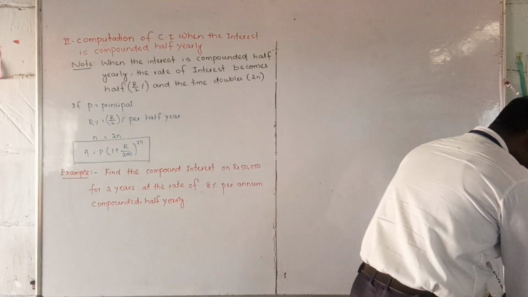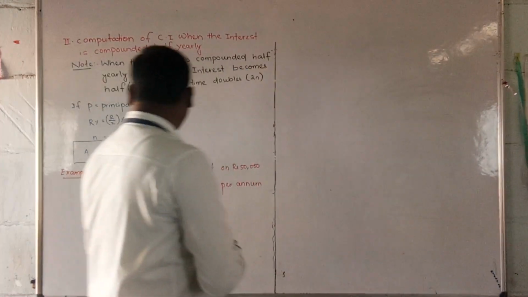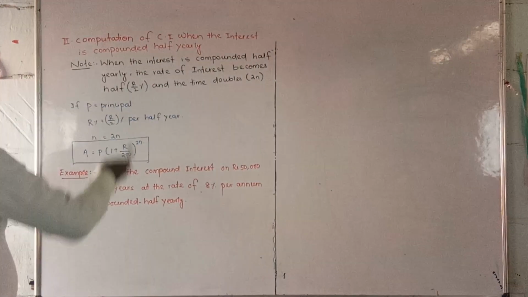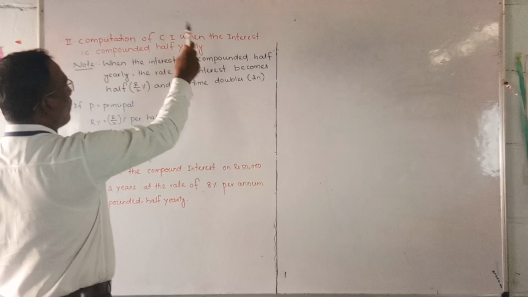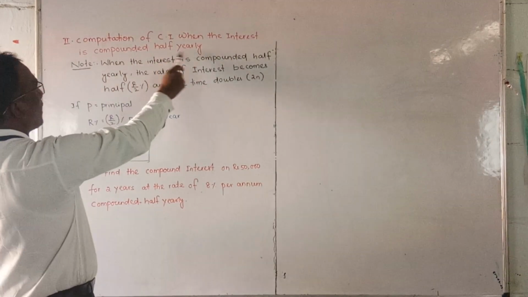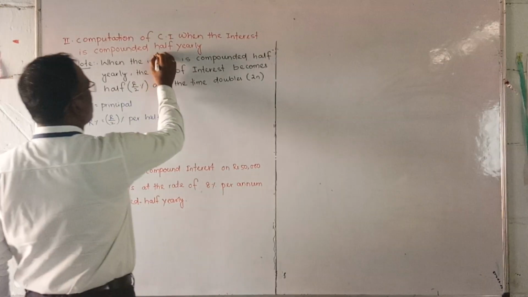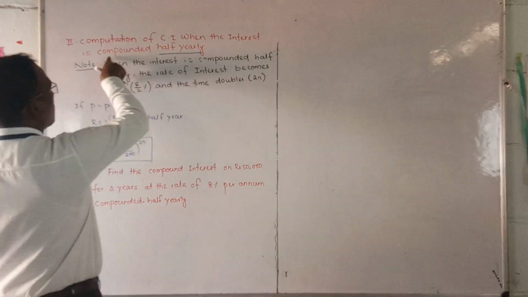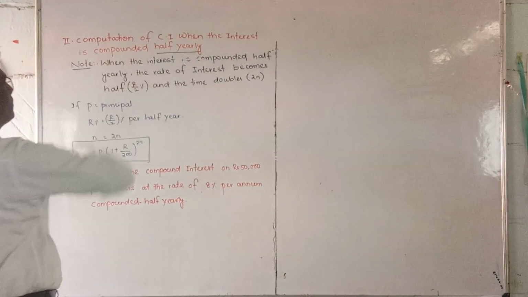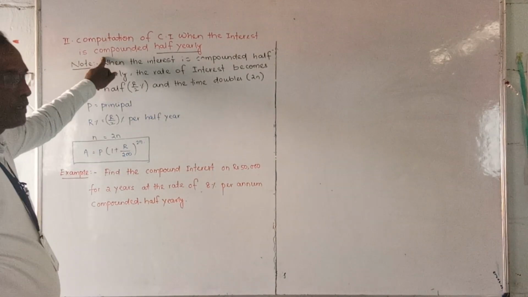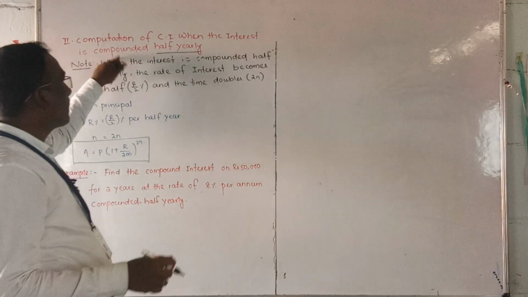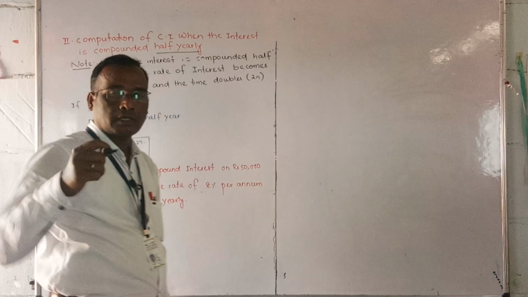First of all, computation of compound interest when the interest is compounded half yearly. Okay, when half yearly is given, how can we do that? Before, it was given compounded annually. This is very important. Whenever you read a question, first of all you should read whether it is compounded half yearly, annually or quarterly. What is that instruction? That is very important.